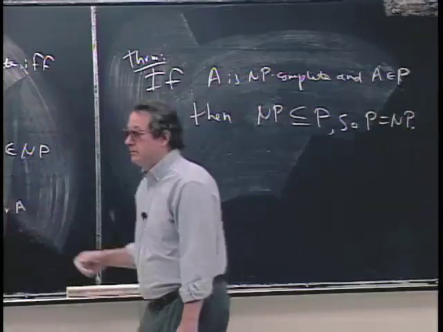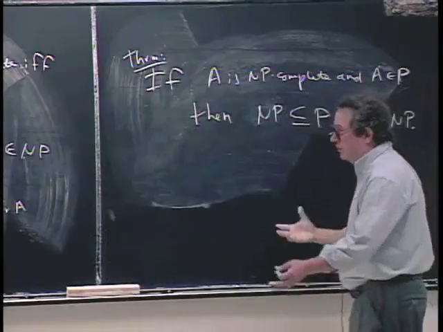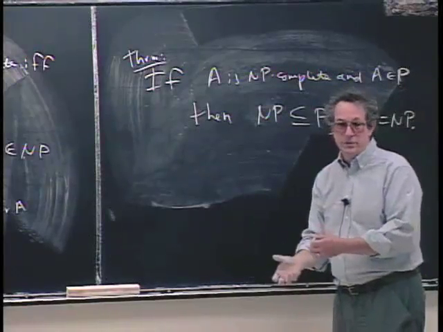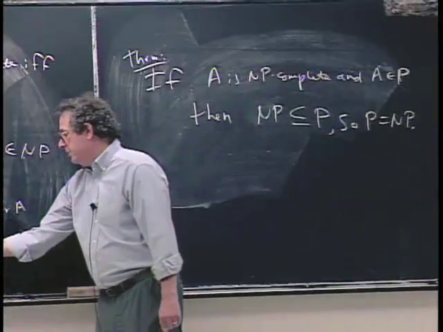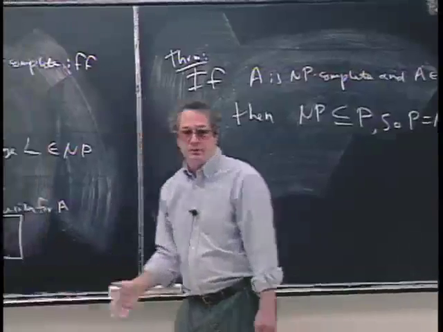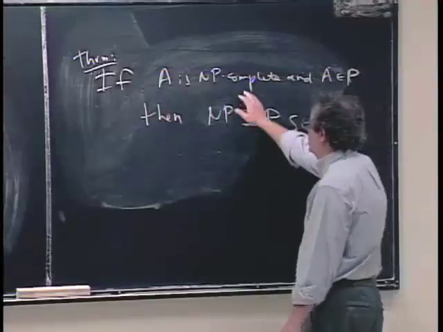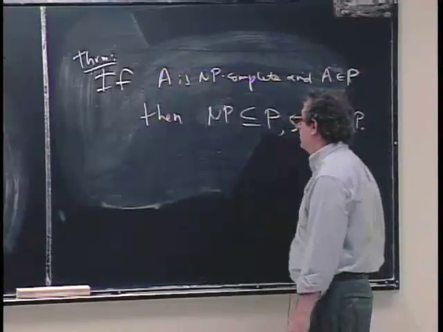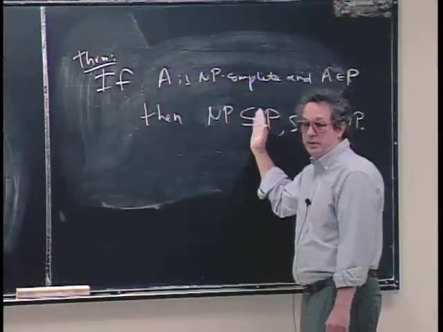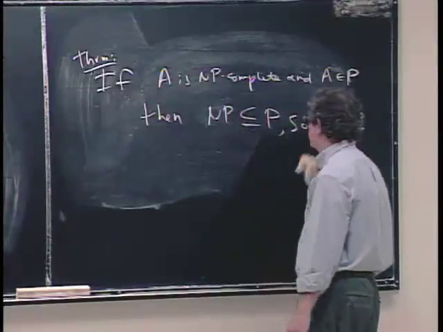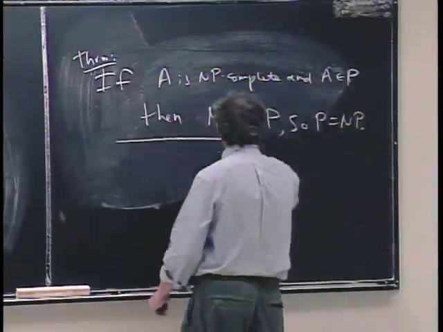If A is in P, there's a polynomial time decider for A, and so you hook that up to the reducer. The reducer does its work in polynomial time, sends an input over to the decider. The decider runs in polynomial time. The composition of those two polynomials is still a polynomial, and therefore any language in NP would then be in P. And we'd have P contained in NP, and since we already know the opposite, we would then have P equals NP. Okay?